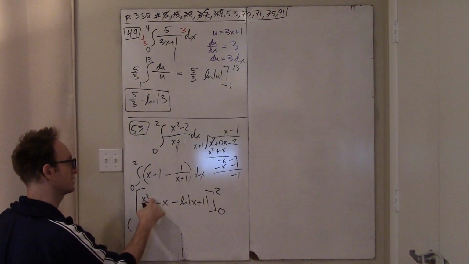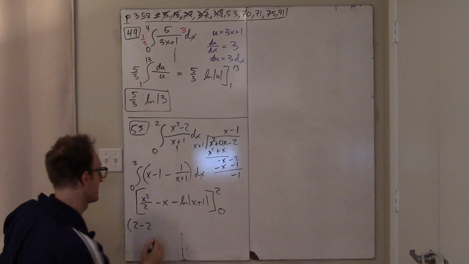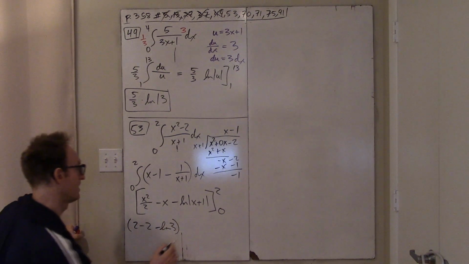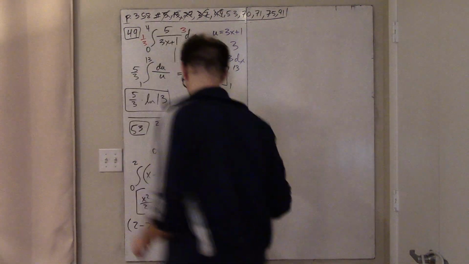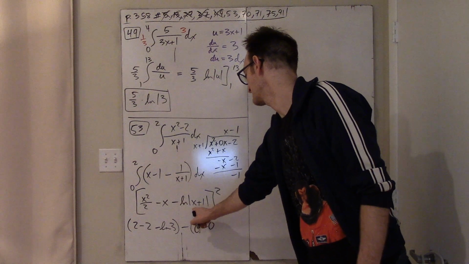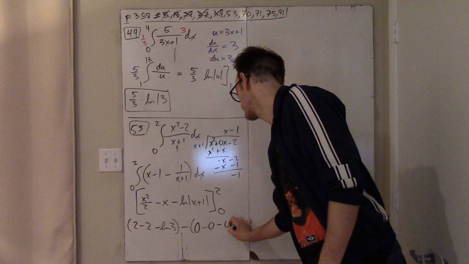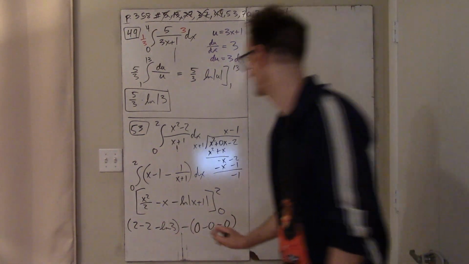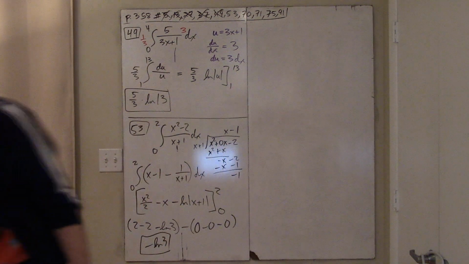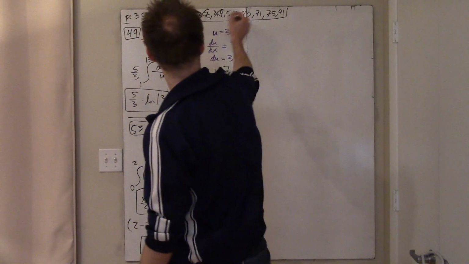So when x is 2, I get 2 minus 2 minus ln 3, minus when x is 0, I get 0 minus 0, and ln of 1 is also 0. So I guess this whole thing just becomes negative ln 3 is just the whole answer to this problem if I did it correctly, and I did. Woo!